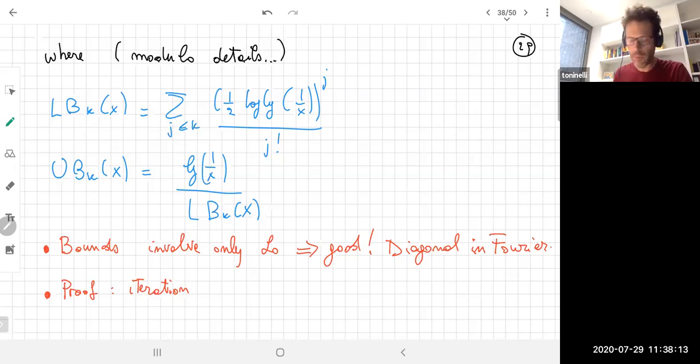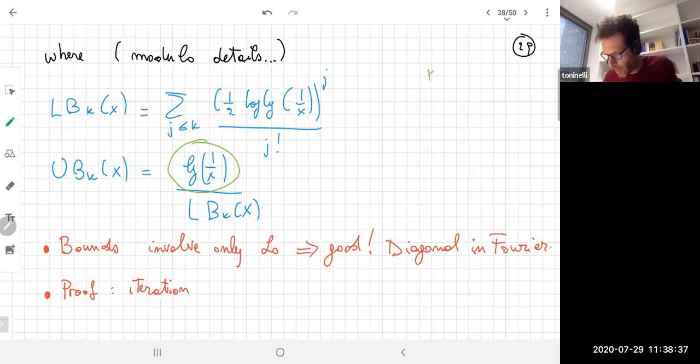So look, if the sum were extended to infinity, this would just be an expansion of the exponential. And I will comment on that in a second. While for the upper bound, it looks like the log of 1 over the argument divided by the lower bound. Okay, so it may look a bit weird.